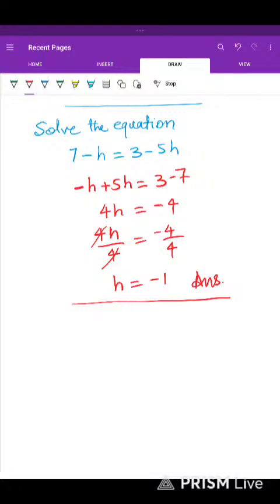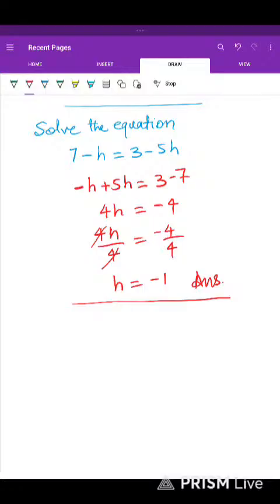This is a simple linear equation which we solved. An unknown is included here, which is h, whose value is calculated. We just brought like terms together. When like terms are together, then they are solved. For example, 5h on the left side is plus 5h. 7 is taken to the right side of the equality, and that becomes minus 7.